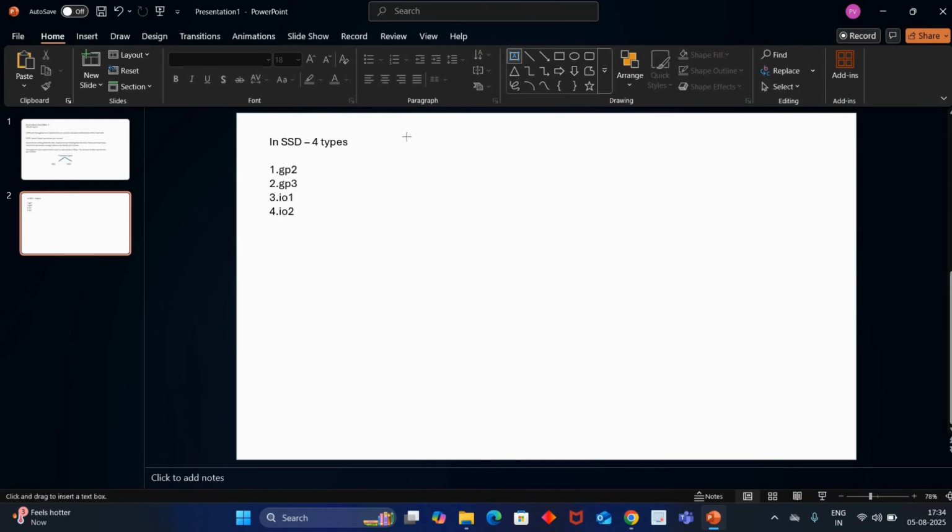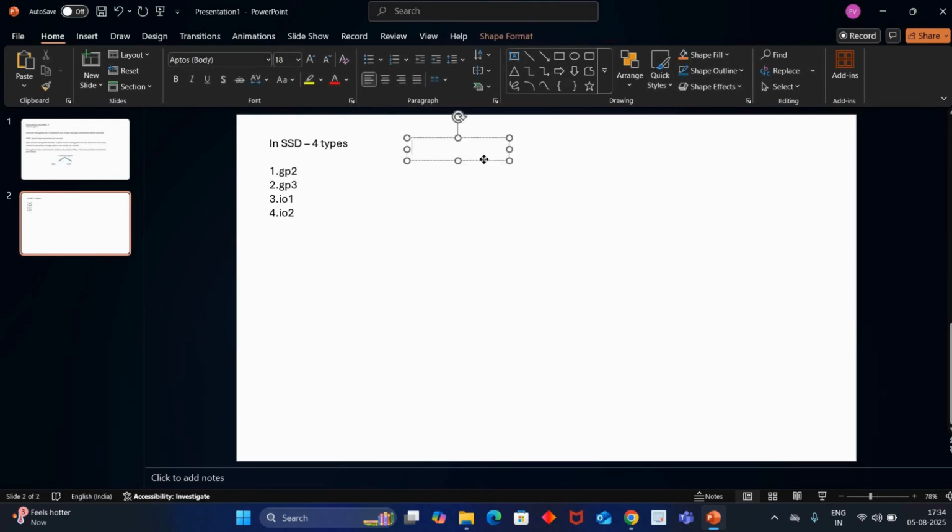In HDD, we have 3 types. One is standard, second is ST1, third is SC1.